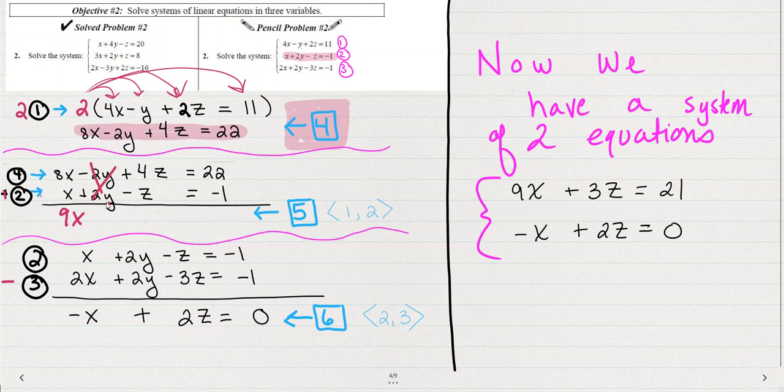The y's cancel out, 2y minus 2y. 4z minus z is 3z. 22 minus 1, so we have it equal to 21. So that's going to be our new equation 5. I've eliminated the y using equation 1 and 2.